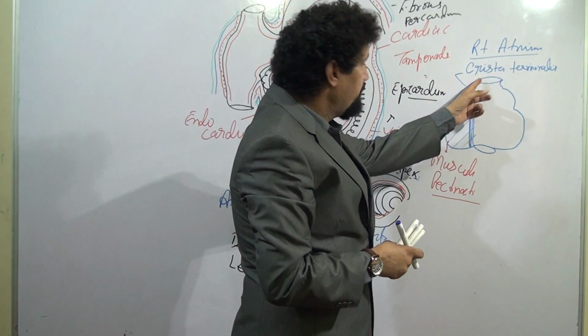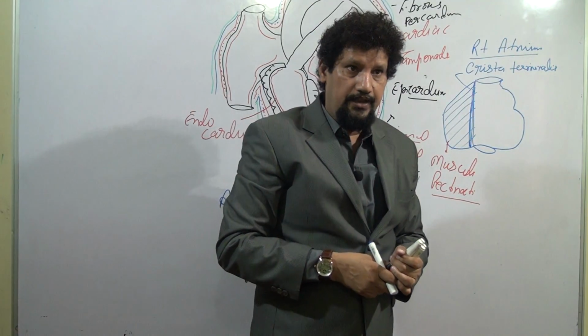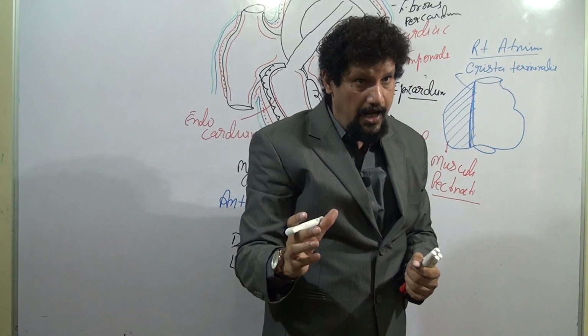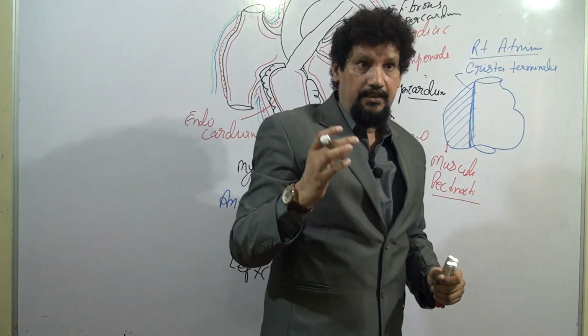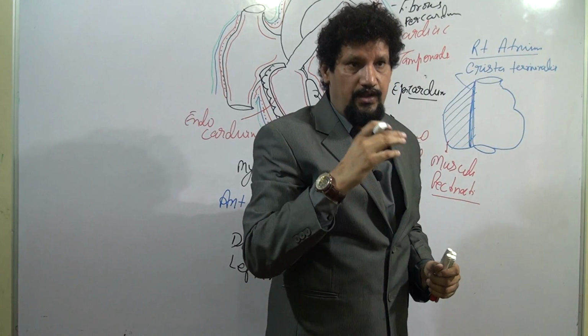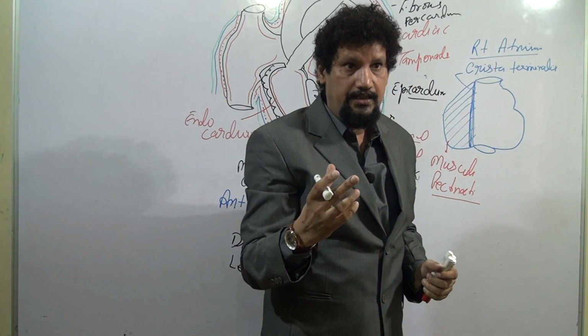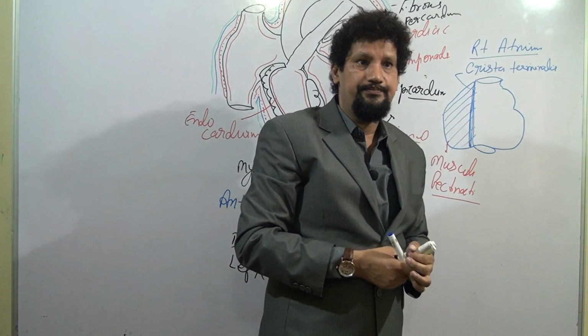So this is the opening of the superior vena cava, and here is the opening of the inferior vena cava. So on the internal surface of the heart there is the crista terminalis, and the sulcus formed by this ridge on the outer surface of the heart is known as the sulcus terminalis.